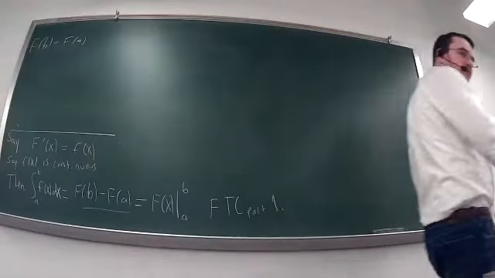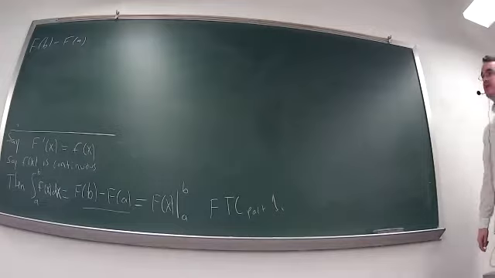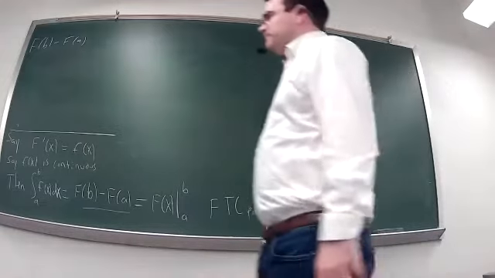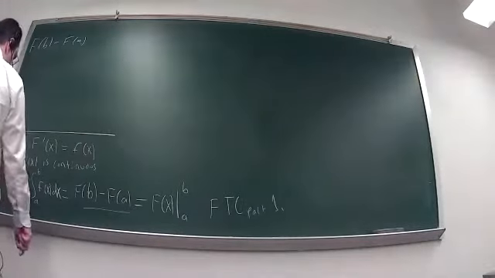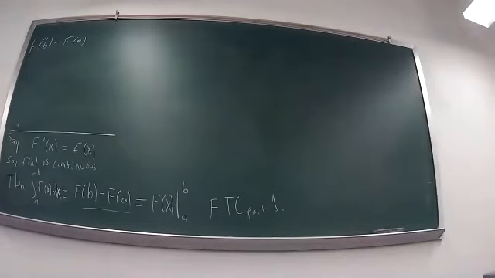And so what we want to do is convert f of b minus f of a into a Riemann sum for this integral, and then show that we can take the limit and nothing changes.